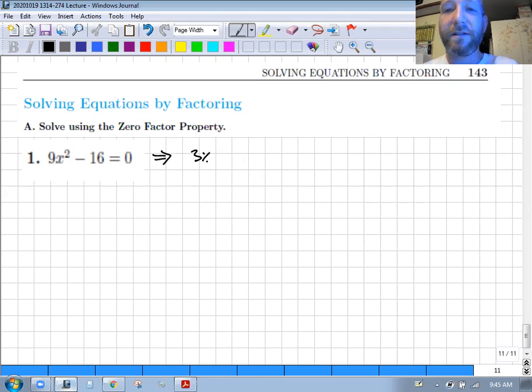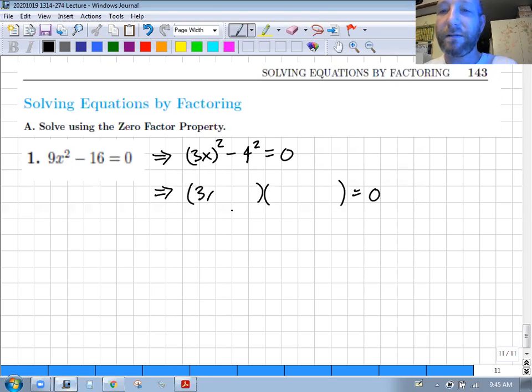This is 3x squared minus 4 squared, right? So we can factor this as such. We have a 3x minus 4, 3x plus 4. So this time we actually have equations. We're not just given something to factor.